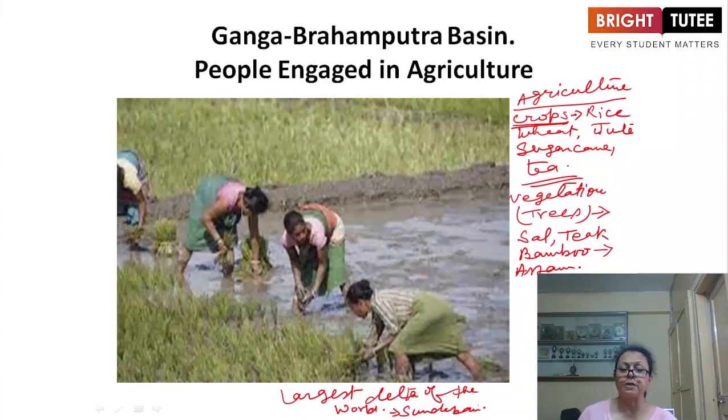So this is about the Ganga Brahmaputra basin, the forest which is rich in wildlife. This Sundarban forest, the Sundarban Wildlife Sanctuary, is also there with the name of this Sundarban Delta.